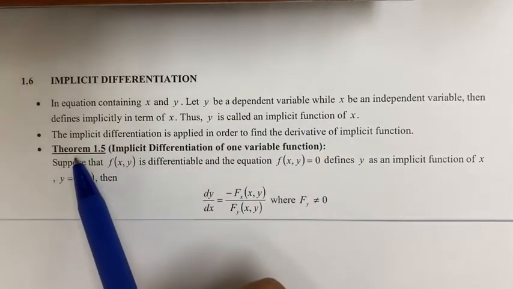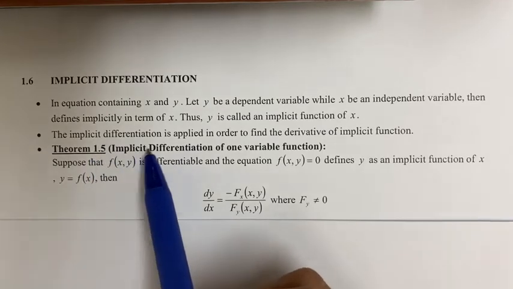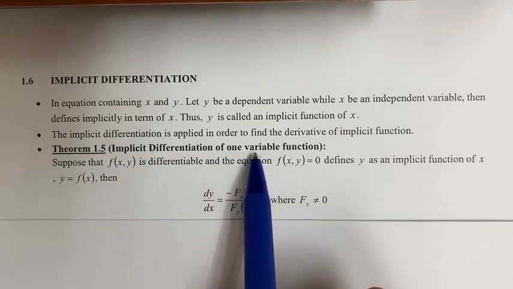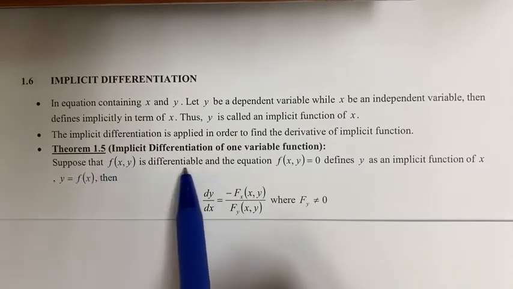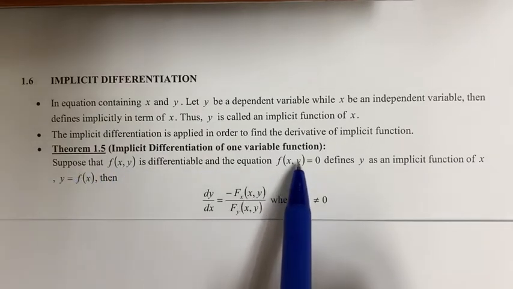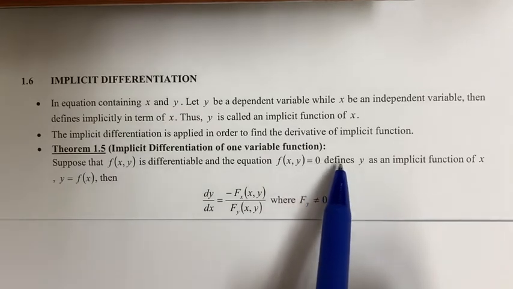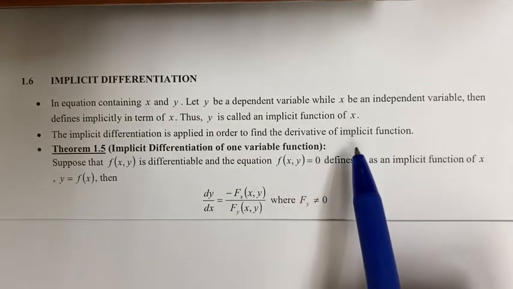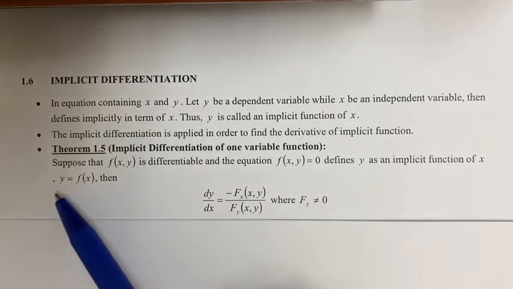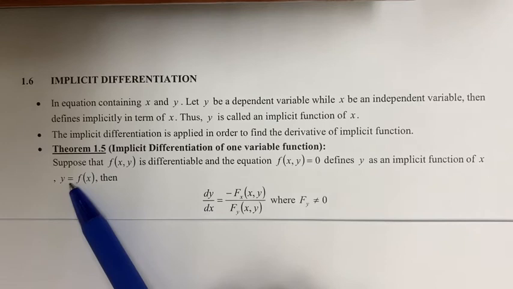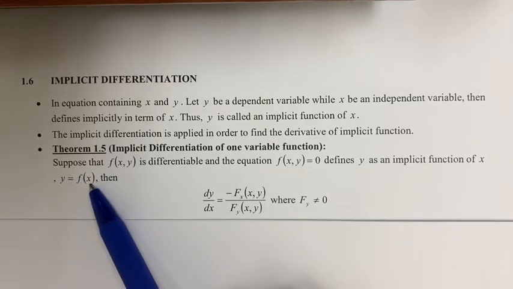Okay, as mentioned in theorem 1.5 for implicit differentiation of one variable function, suppose that f(x,y) is differentiable and the equation f(x,y) is equal to 0 defines y as an implicit function of x. So y is an implicit function of x.